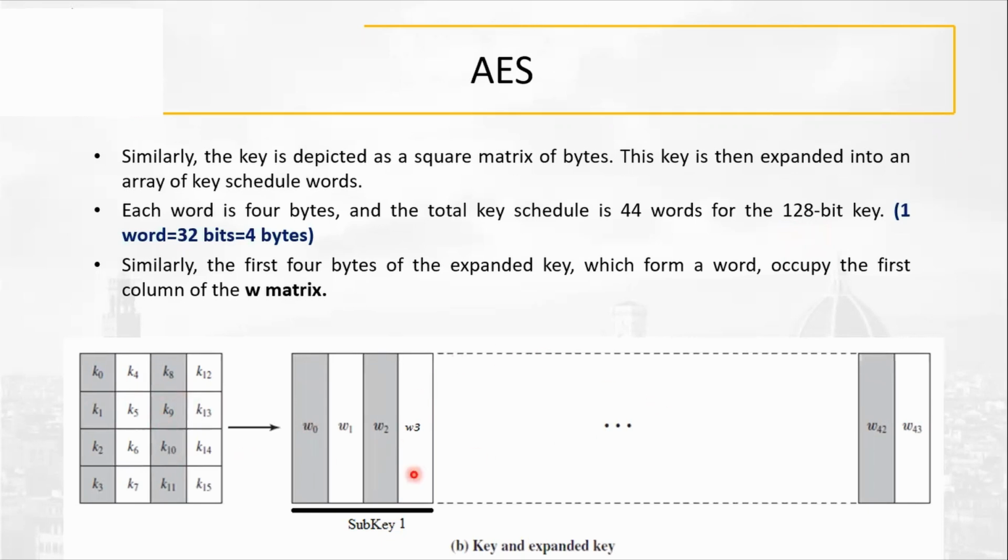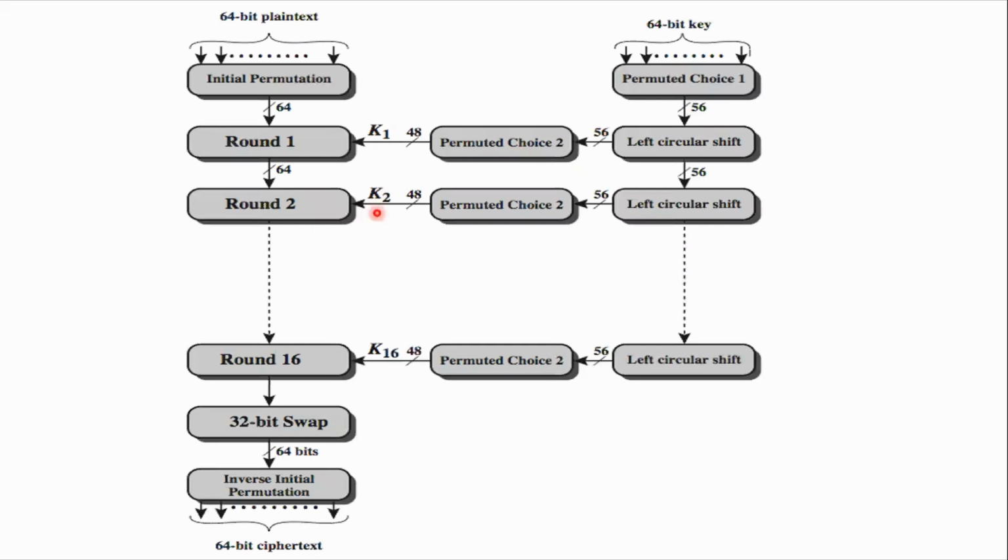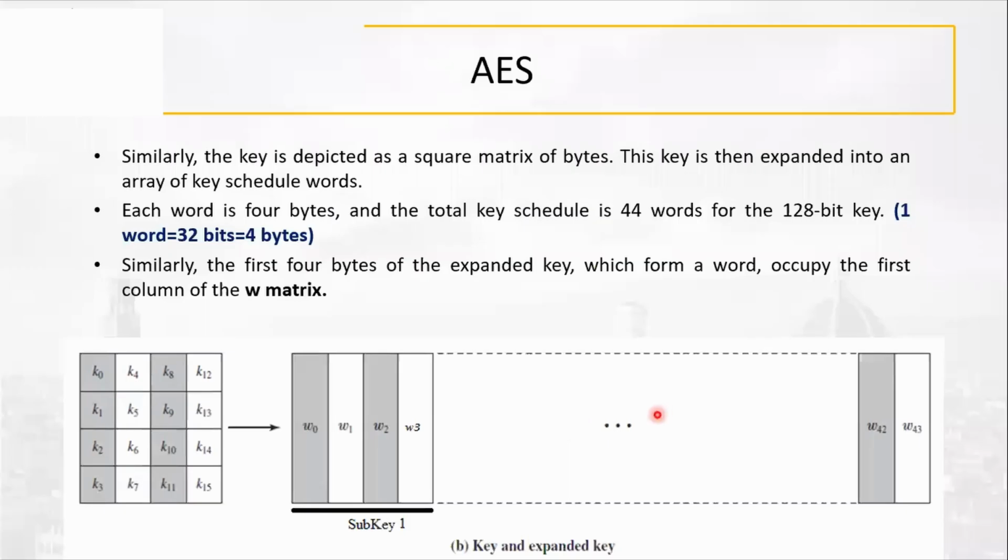For sub-key generation, how many such sub-keys will you need? 10 sub-keys. So you need 44 words for all the keys. The number of words you are generating for all the rounds is given below. I'll tell you in a while how these sub-keys are used.